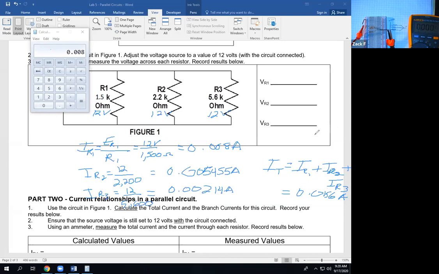Is there another way we could calculate that without calculating the current across each branch? Why, yes, there is. Good answer.